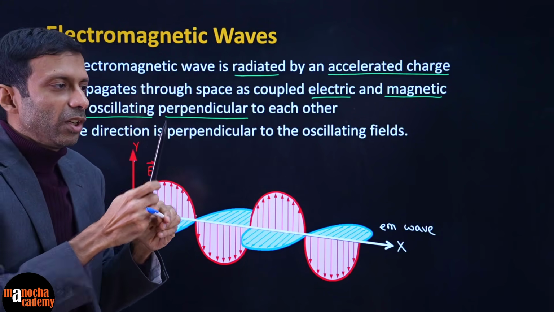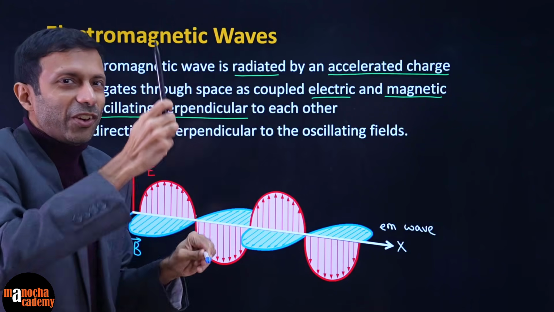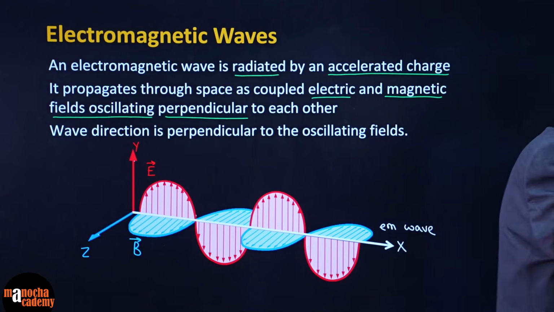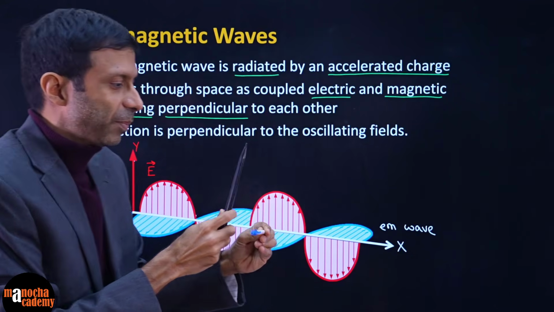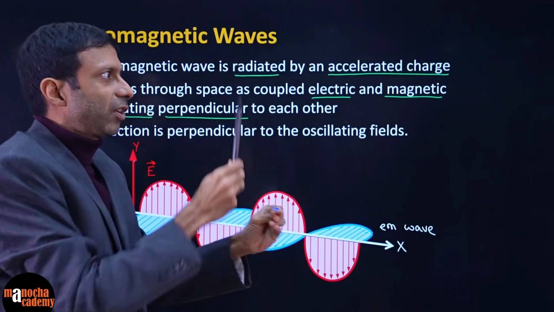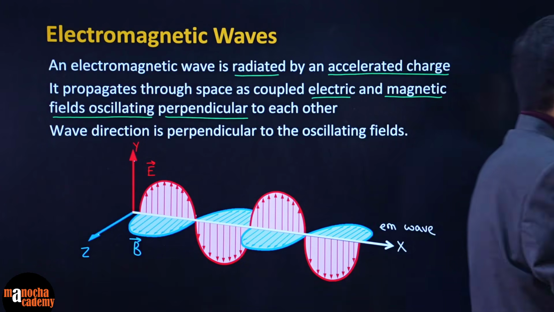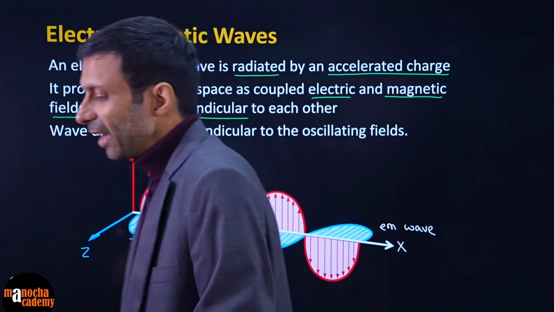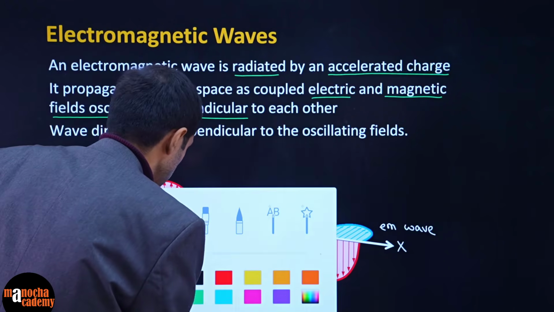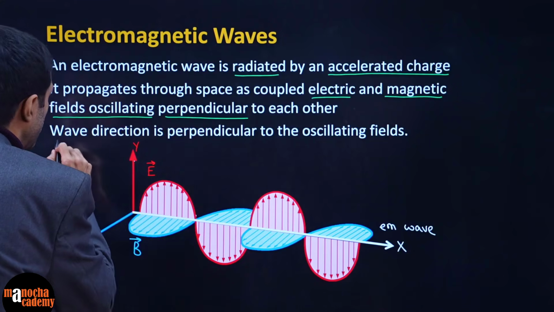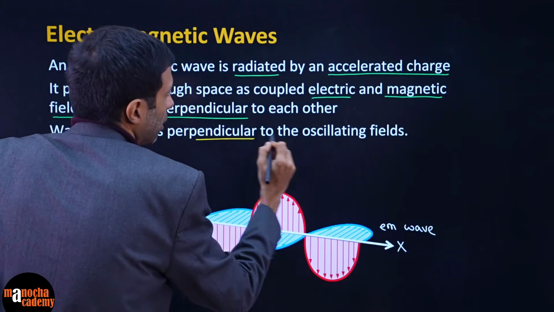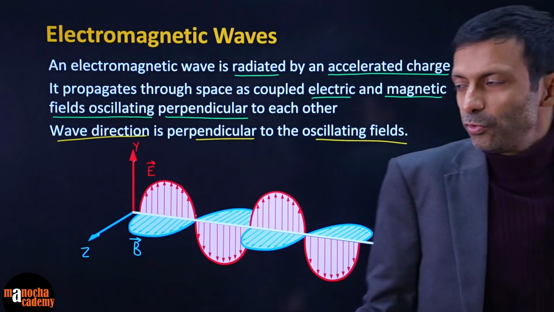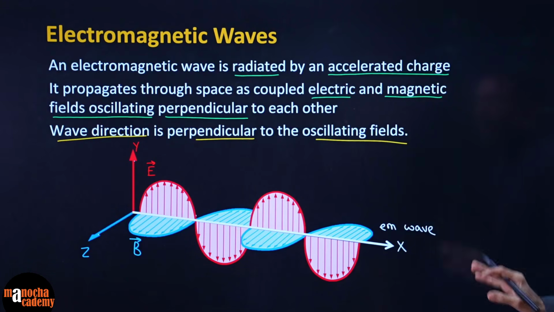Here's your moving electric field, moving magnetic field, and the wave is propagating. See, moving electric field, moving magnetic field, and I am the wave. Got it? And the wave direction is perpendicular to these oscillating fields. Clear? So this visualization should be very clear to you.